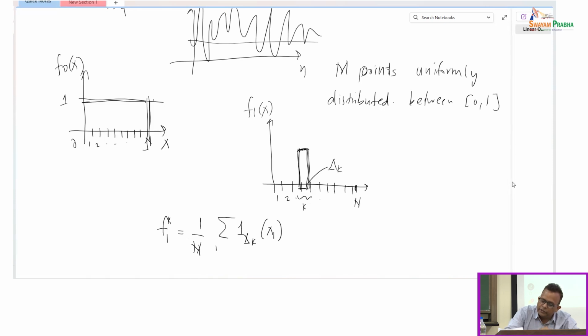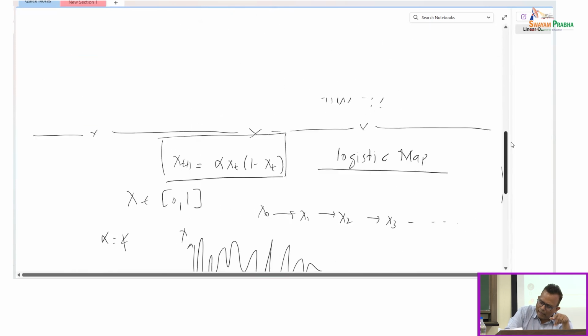Let me just introduce some notation. I have M points, so let's number these M points at time 0 as x0,1 to x0,M. These are my M points which are uniformly distributed. The 0 stands for the initial condition, and 1 to M stands for the number of points. These points will go through this map.